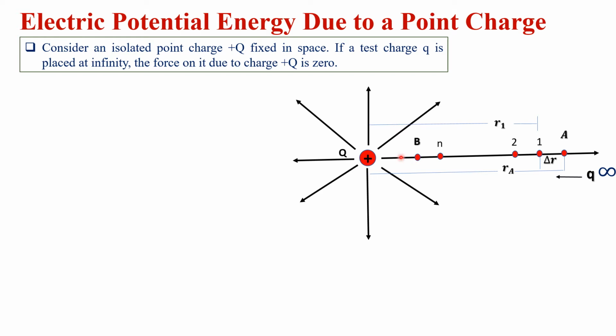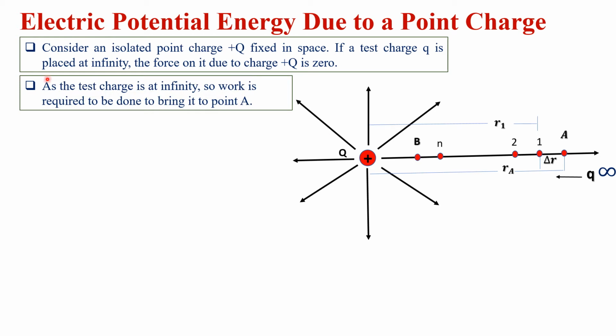Small distance from point A to point 1 is delta R, that is equal to Ra minus R1. Small distance from point 1 to point 2 is delta R, that is equal to R1 minus R2. Small distance from point N to point B is delta R, that is equal to Rn minus Rb.